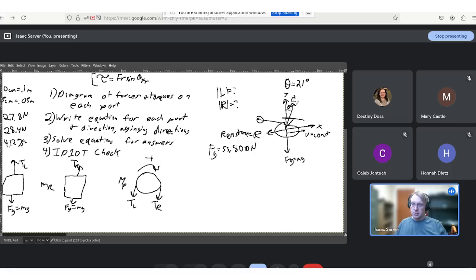Yep, it wants to know lift and the resistance, or drag.